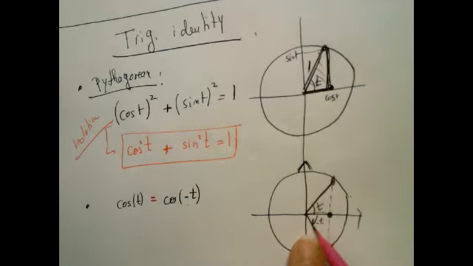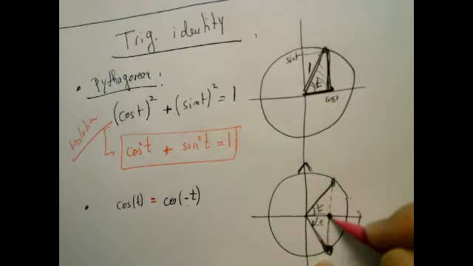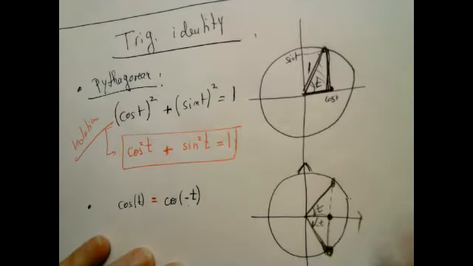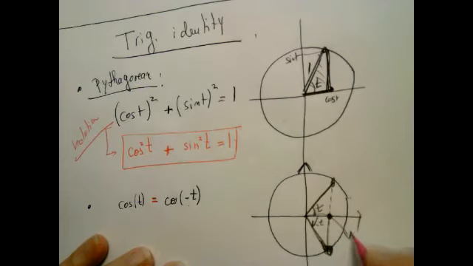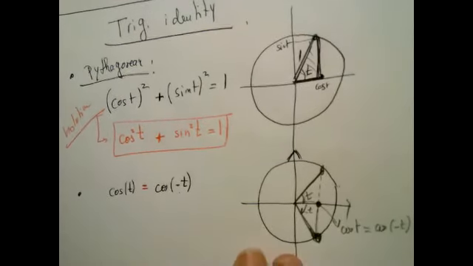Cosine of minus t, because our definition extends whether the angle is positive or negative. So the cosine of this angle is nothing more than the x coordinate. It's exactly the same x coordinate. So that's why the cosine of t and the cosine of minus t are absolutely equal to each other. This point represents 2 things. This point here is the cosine of t, and it's also the cosine of minus t. So that's the relationship between those 2.